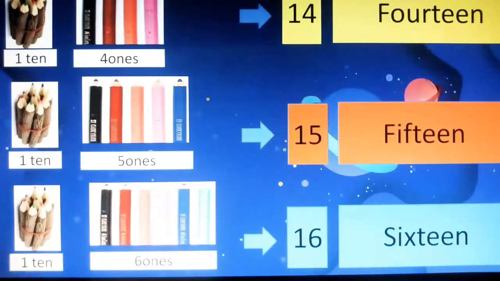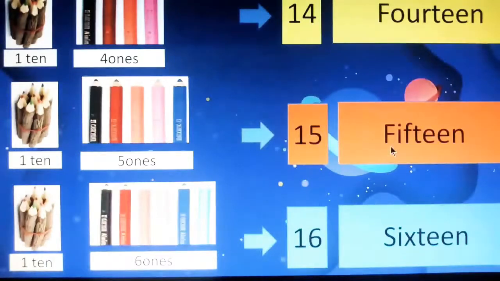F-O-U-R-T-E-E-N, 14. Next, 1 ten, 5 ones. 1, 2, 3, 4, 5. 1 ten and 5 ones is 15.